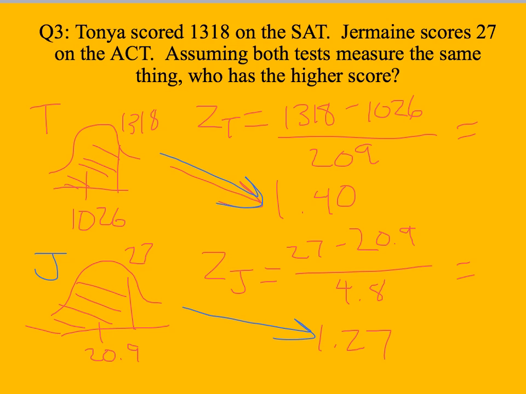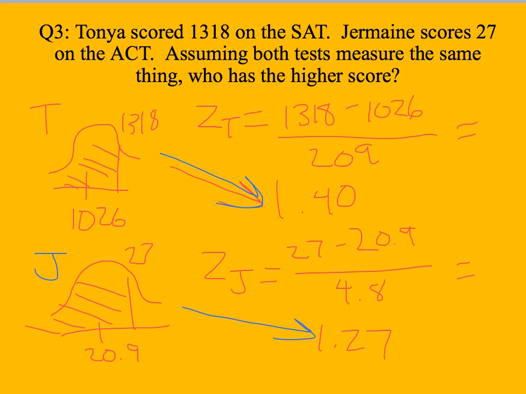Since Tanya's percentile is greater, Tanya actually did better than Jermaine on the test. So you compare the z-scores to find out which one was more unlike the rest. Basically, the outlier is what we're looking for. The further out you were, the better off you did.